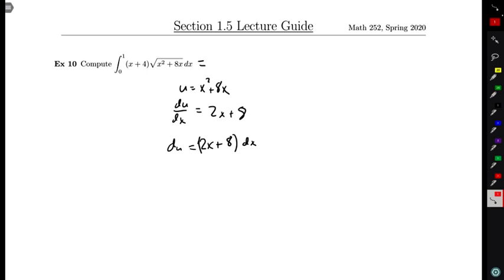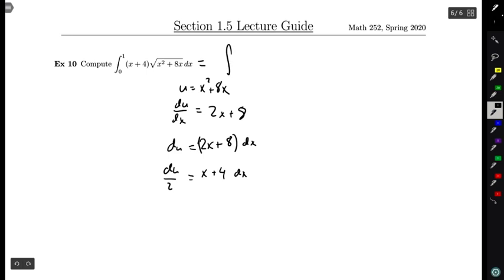We often don't write them just to simplify some of the writing, but they're implied to be there. So here, if I divide both sides by 2, I get du over 2 equals (x plus 4) dx. And so I can replace the (x plus 4) dx in the integrand with du over 2.